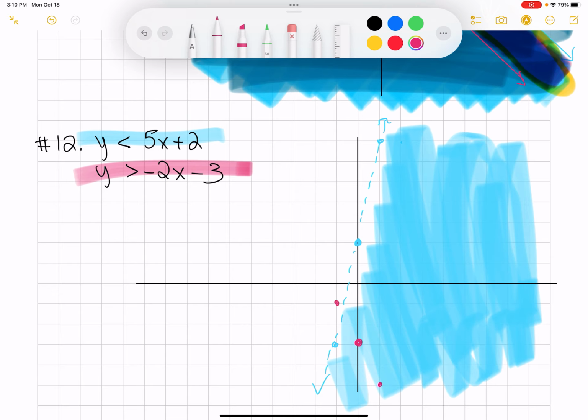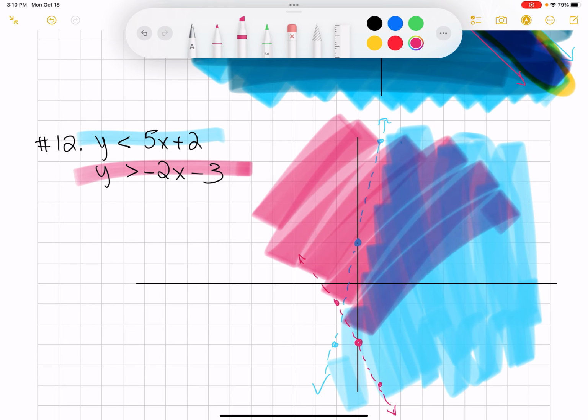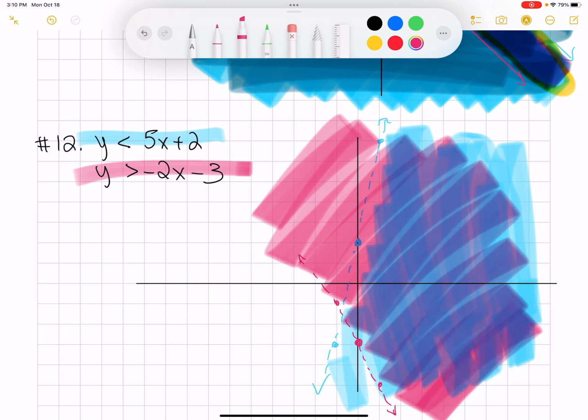It's also dotted. It's shaded above, so it's getting shaded up here. This area where it has made a purple color is your solution.